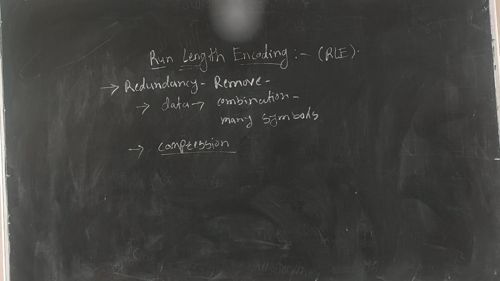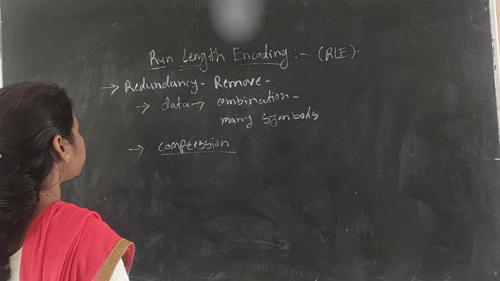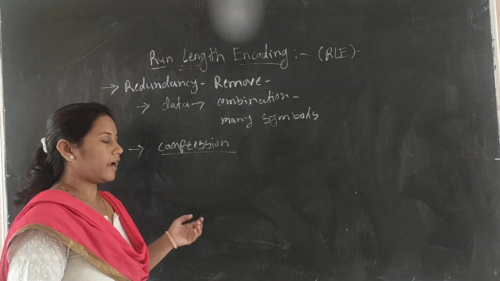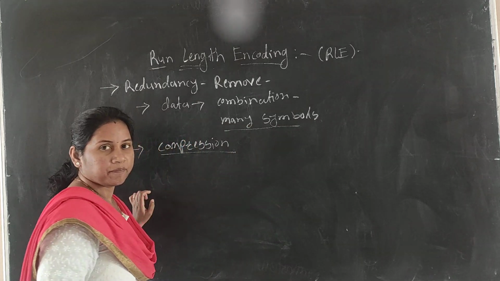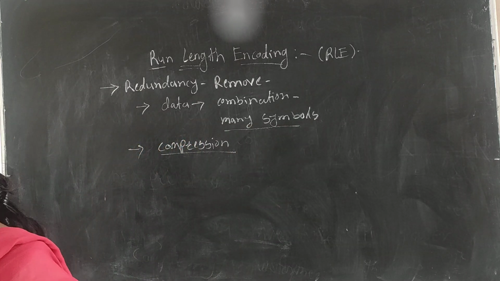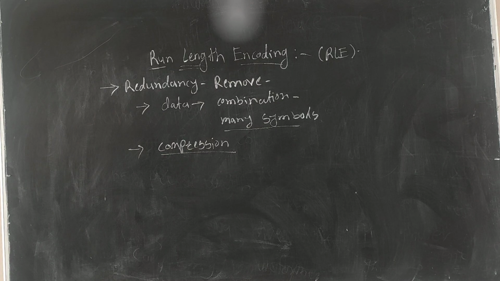In this technique, we replace a repeated sequence, also called a run, of the same symbol with two entities. That means when there are repeated symbols, those repeated symbols are a run. To compress the given data, we use this run length encoding.